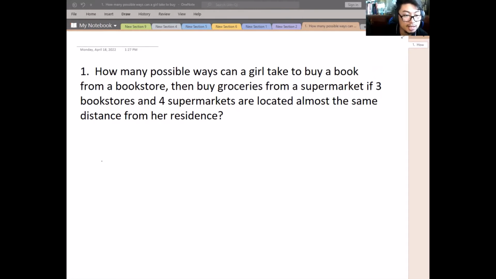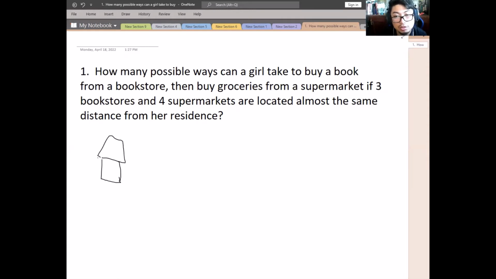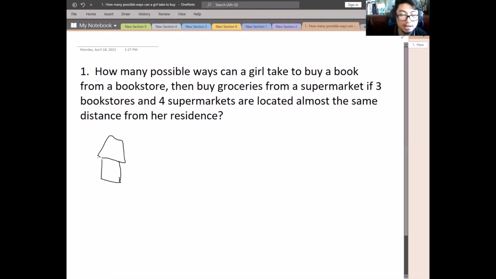This is the residence of the girl. She wants to buy a book from a bookstore, and then after buying the book, groceries from the four supermarkets. So this is her house. First, we have the three bookstores.